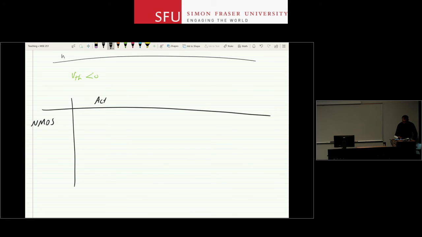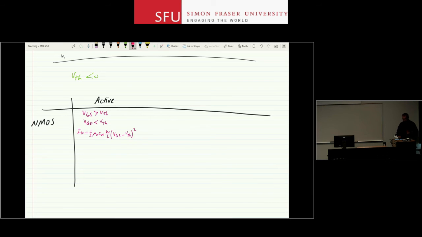In active region, you had VGS larger than the threshold voltage to create the channel at the source end, VGD less than VTH to pinch off the channel at the drain end, and ID was 1/2 mu N C oxide W over L times (VGS minus VTH) squared.